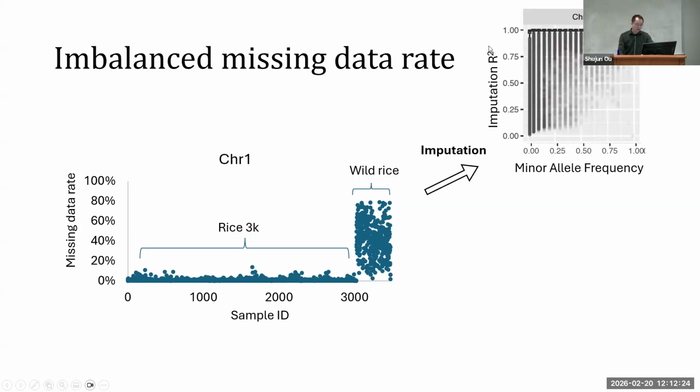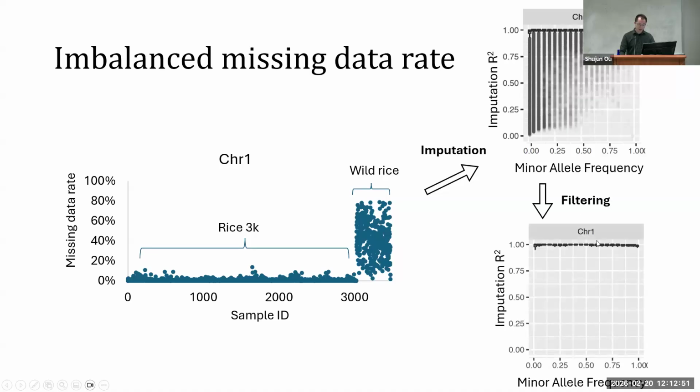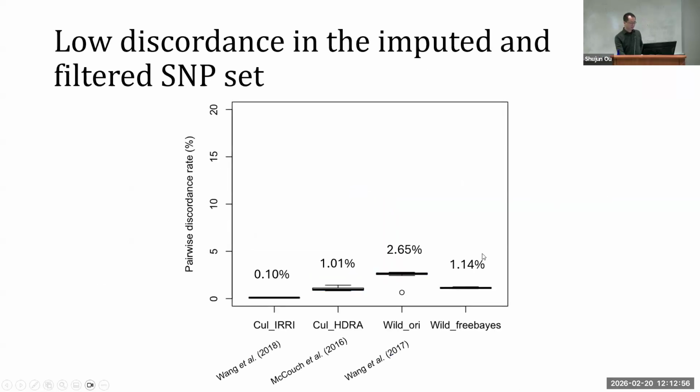The imputation R square is what you use to evaluate the outcome. It is basically the correlation between the imputed data and the real data, so the higher the better. For those with low allele frequency, you don't have many observations in your population, so the inference tends to be less accurate. After filtering, I kept only those with high confidence and high imputation R square.